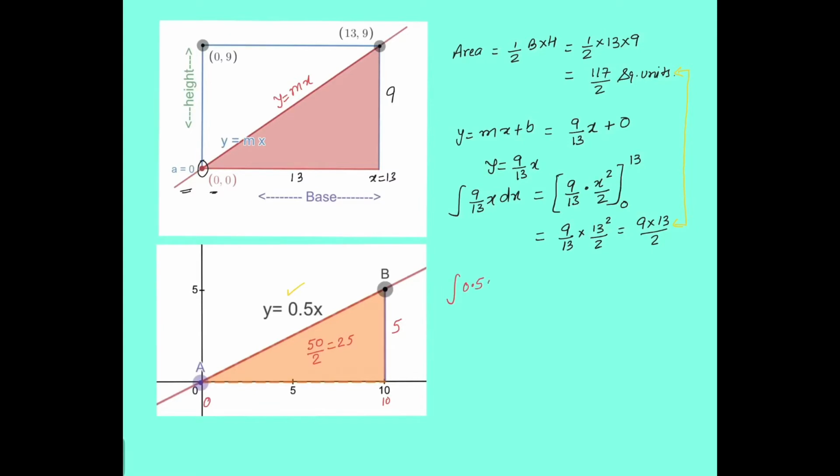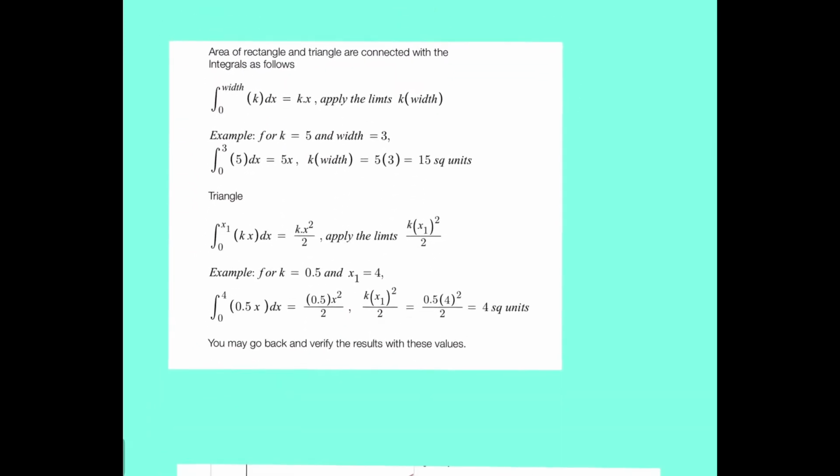And if you integrate this, 0.5 times x dx, so x square over 2, again the constant 0.5 is there, and then you substitute the limits from 0 to 10. 10 square is 100, 100 over 2 times 0.5 is 25 square units. So we have seen this in this case.